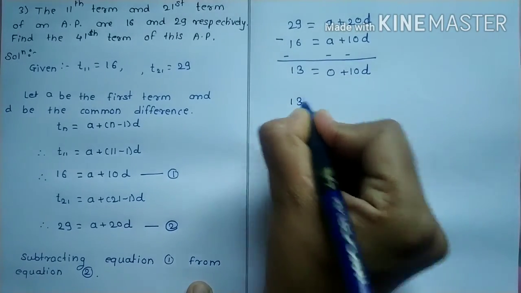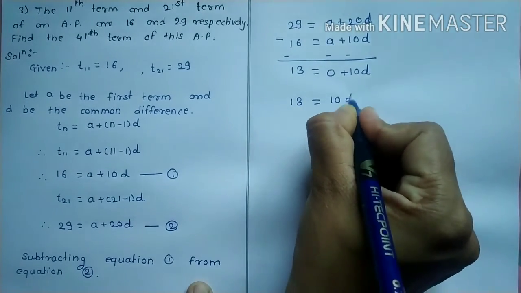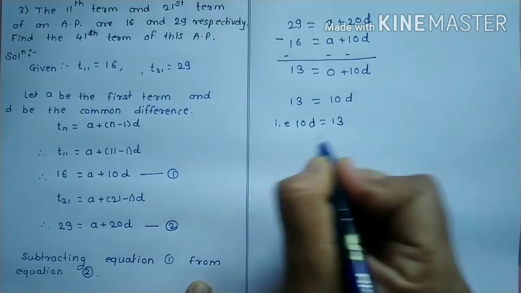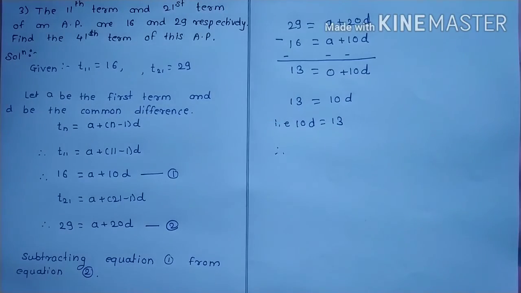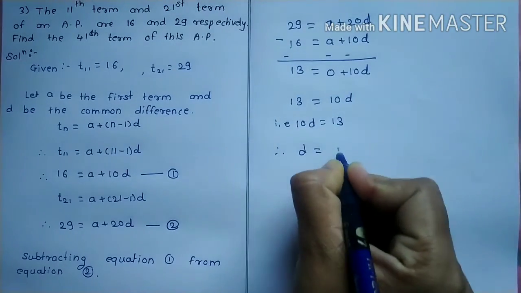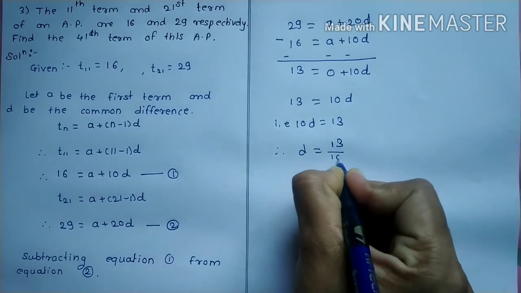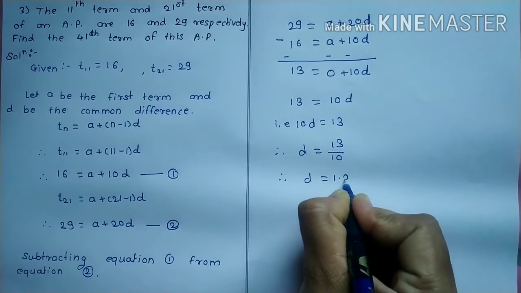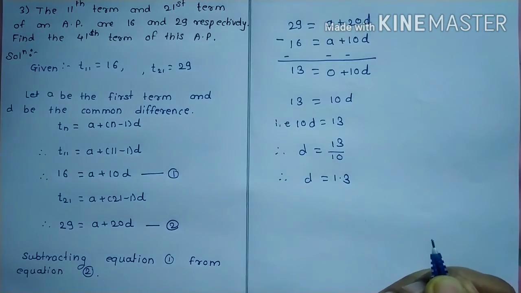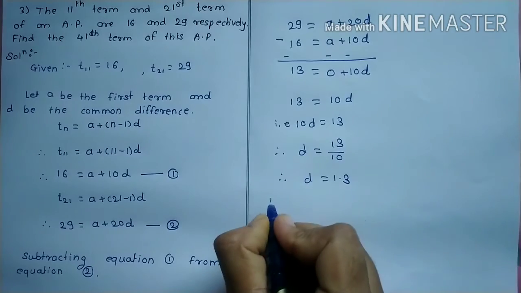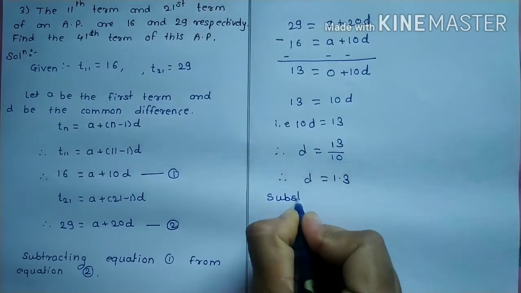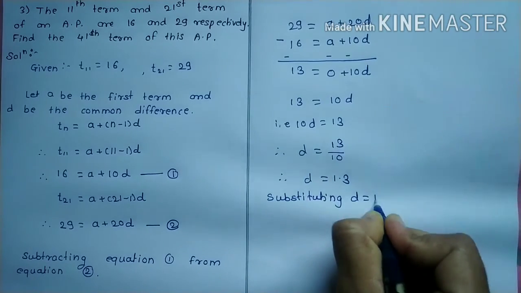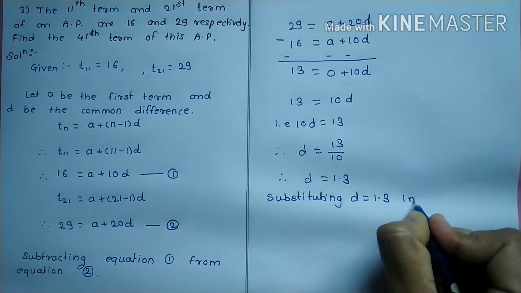That means 13 equal to 10D. That is 10D equal to 13. Therefore D equal to 13 divided by 10. Therefore D equal to 1.3. Now substituting D equal to 1.3 in equation 1.